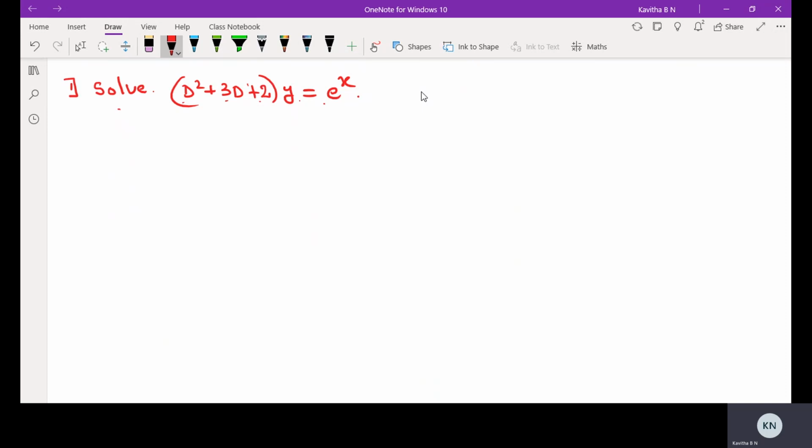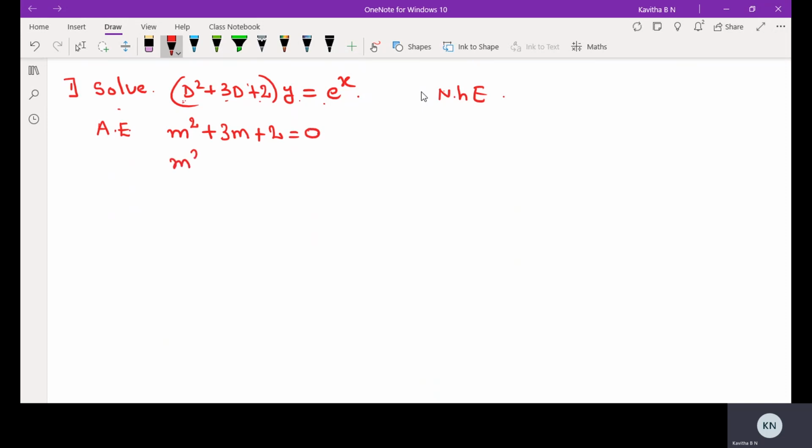This is a non-homogeneous equation. First, write down the auxiliary equation: in place of D, write m square plus 3m plus 2 is equal to 0.